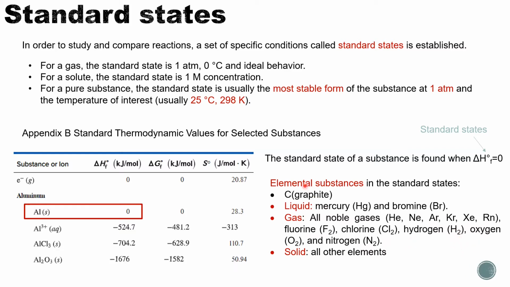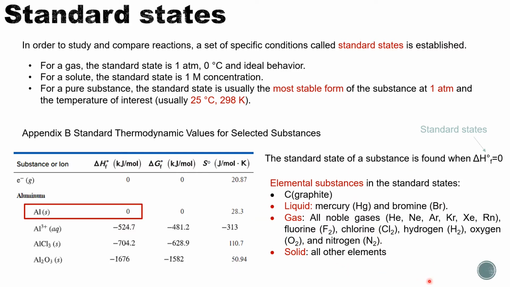Besides all of the exceptions I mentioned, graphite, the 2 liquid elemental substances, and a few gas elemental substances, all the other elemental substances are solid under the standard states. So please remember these rules and determine their states.